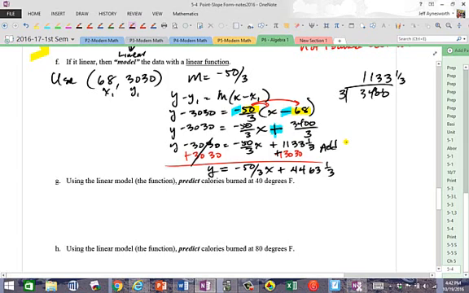Okay, so predict the calories burned at 40 degrees. Now you got to remember that it's degrees first and then calories. So x is in degrees, y is in calories. So this is an x value. So let's do that. y is equal to negative 50 thirds times my x value of 40, plus this big number right here, 4,463 and 1/3.